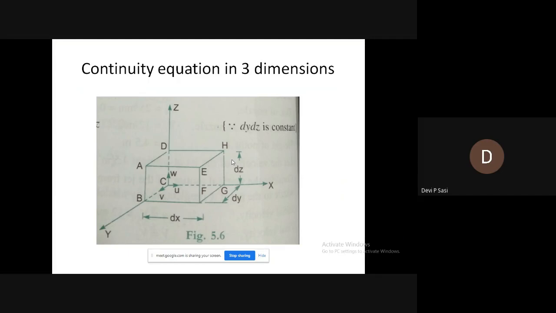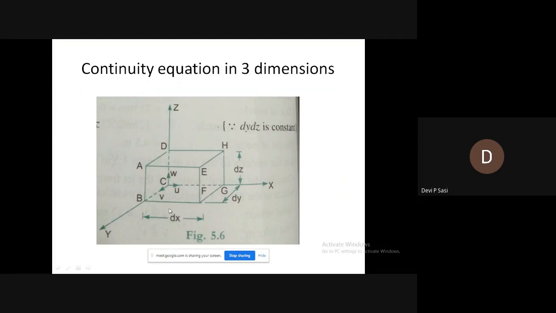I told you, you are deriving the continuity equation in 3 dimensions. The length of the element in the x direction is dx, in y direction dy, and in z direction dz. You can see the 3 directions: x direction, y direction and z direction.